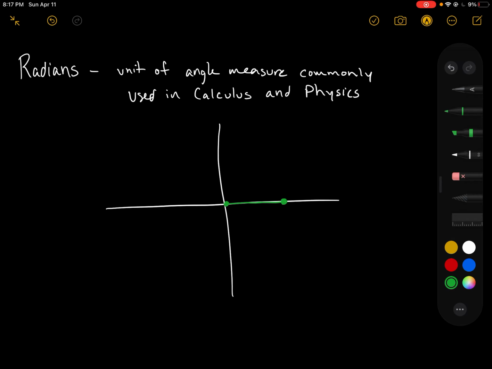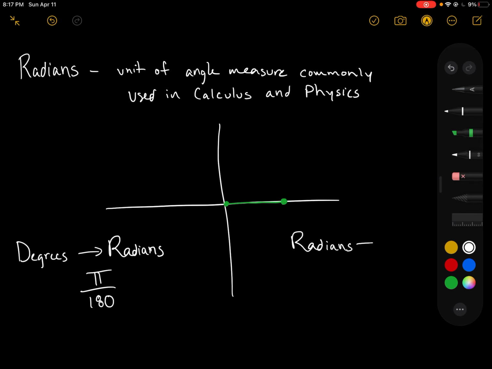So if we take a look here, set up our initial angle, and we can see the factors. So first one, to go from degrees to radians, we multiply by pi over 180.